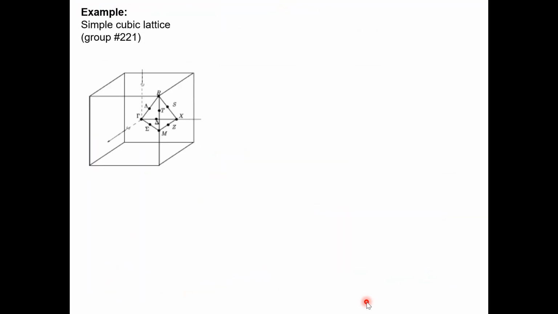And let's see how it works in practice. This is one example, a simple cubic lattice, the group number 221. This is the Brillouin zone, with the gamma point at the center. The Brillouin zone is also cubic. And you have this notation for special symmetry points.